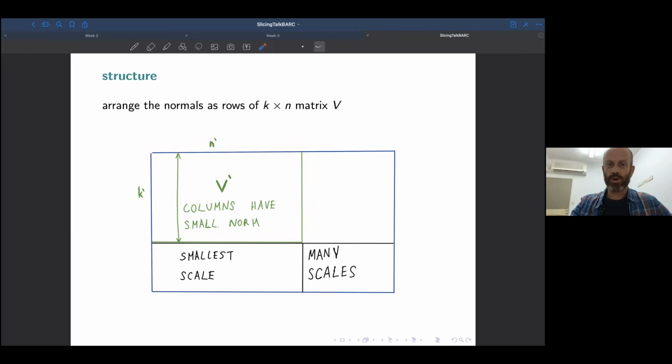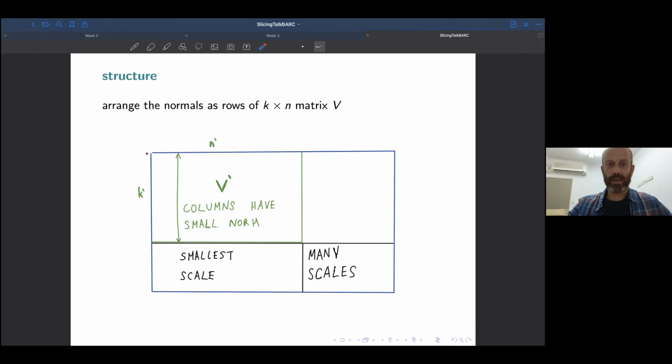When we normalize the rows here to have norm 1, so, okay, let's see. If the vector here is 1, 1, 1, 1, 1, and we normalize it to have norm 1, then every entry is 1 over square root of n.